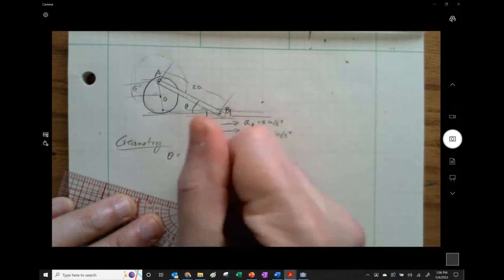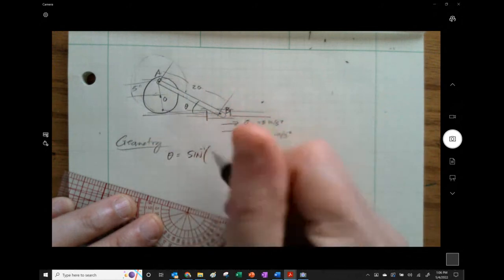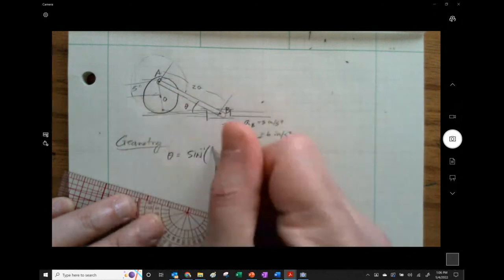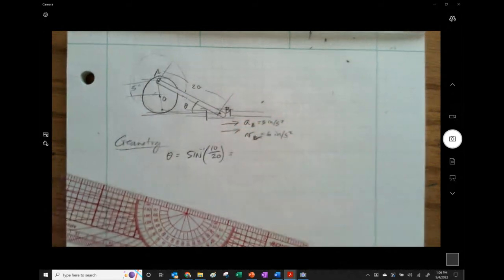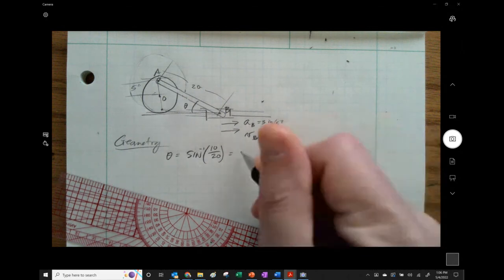So it's going to be inverse sine of 10 over 20, right? And that might make it 30 degrees. Does it make it 30 degrees? Probably makes it 30 degrees. I think so. Yeah, so that's 30 degrees. That should be obvious to anyone. 30 degrees.